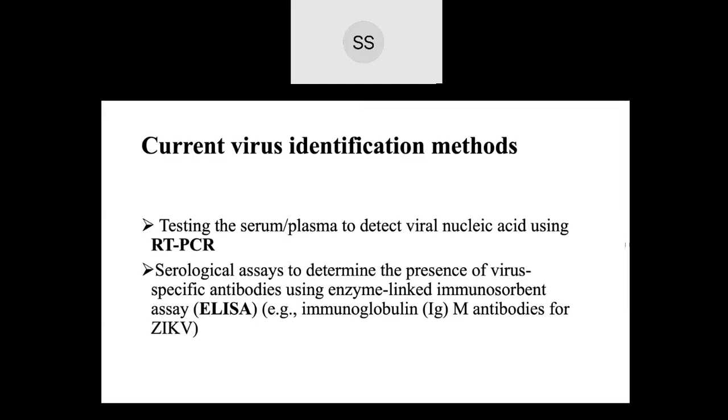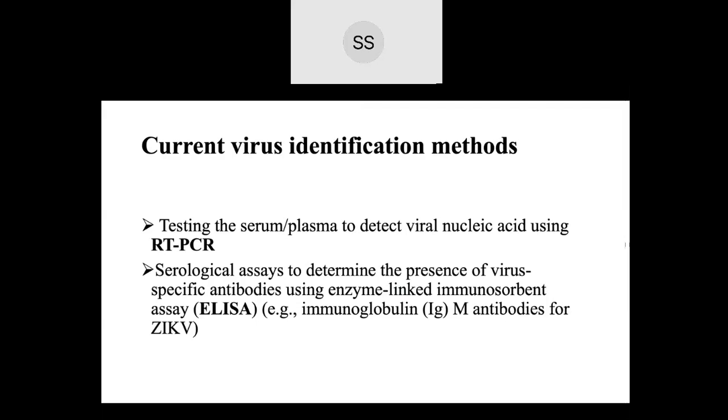Second is serological testing, which is antibody-based testing. These tests are quick and produce results within 5 to 30 minutes. However, ELISA or these antibody-based tests have a limitation: the same type of antibody is produced by different diseases, so it provides cross-reactivity.